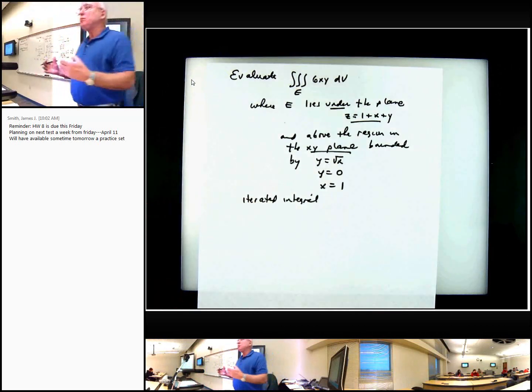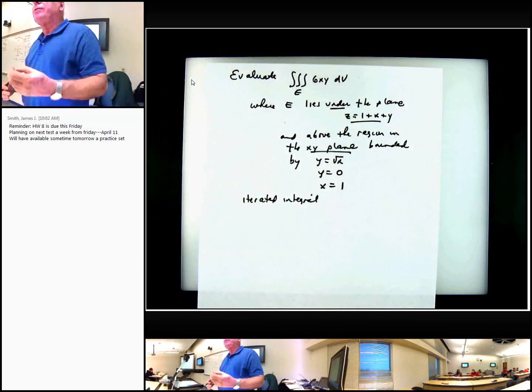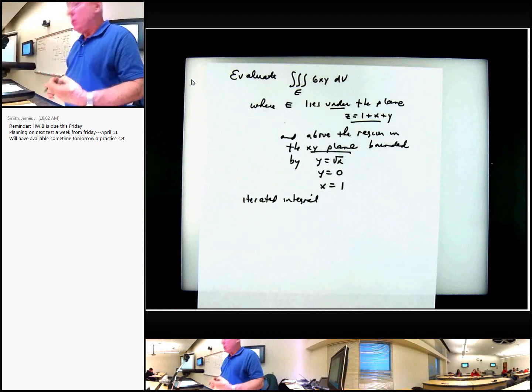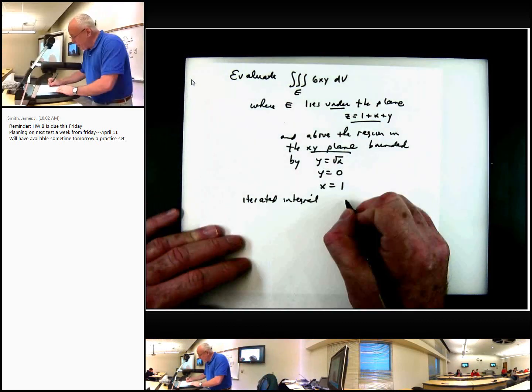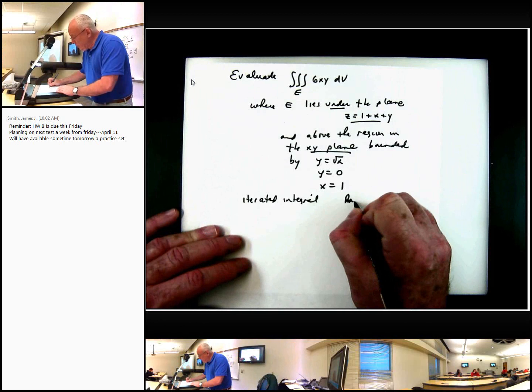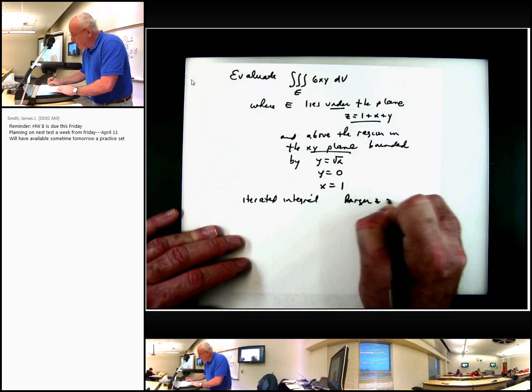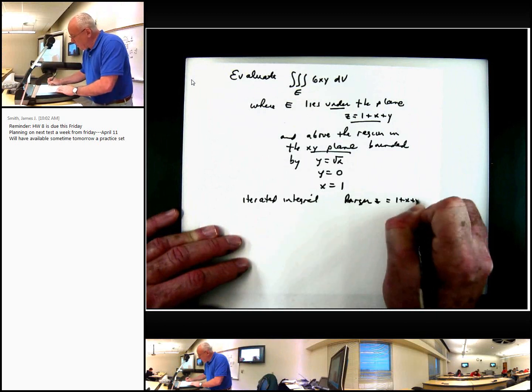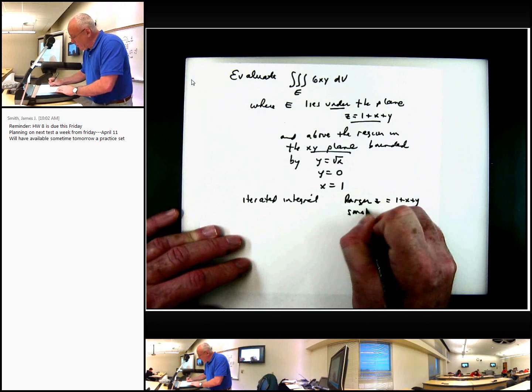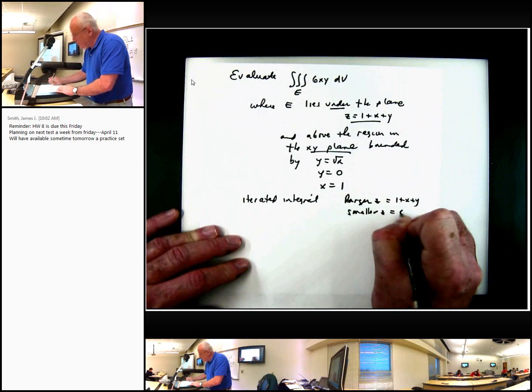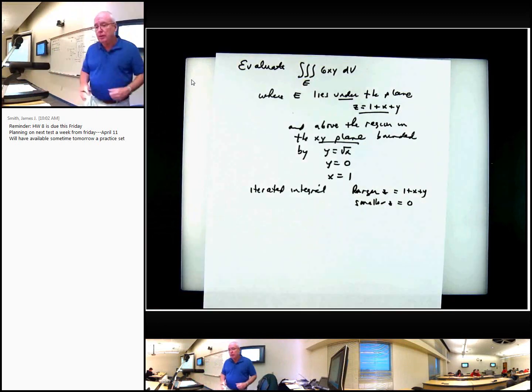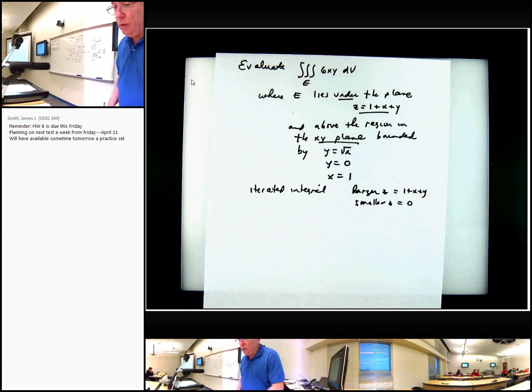Now, on the xy plane, all the values of z equal 0. So therefore, our larger z is 1 plus x plus y, and our smaller z is equal to 0. So we're integrating between those two surfaces.